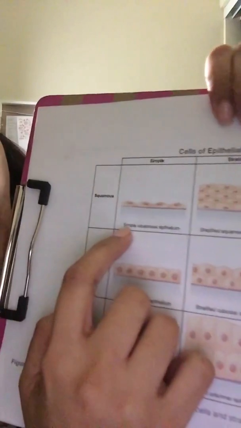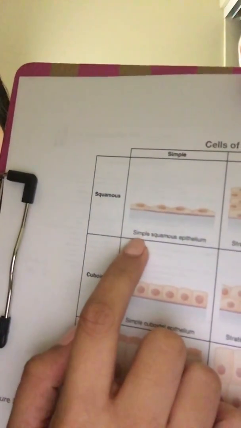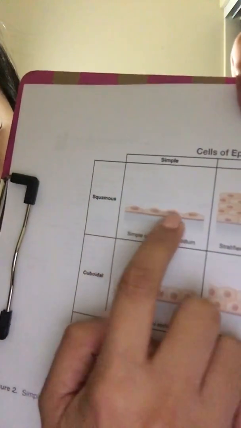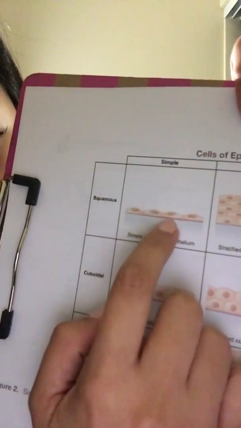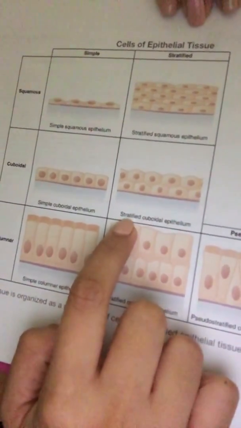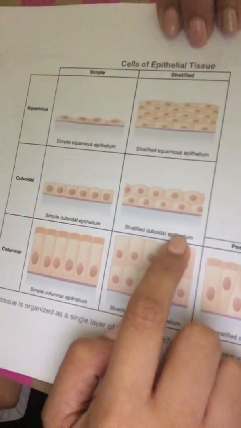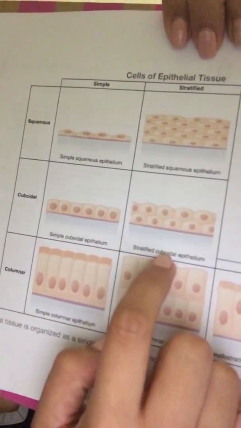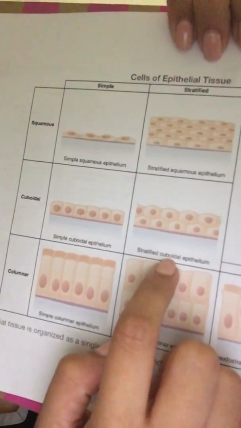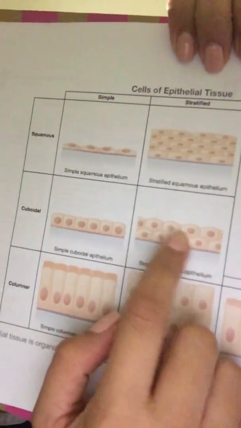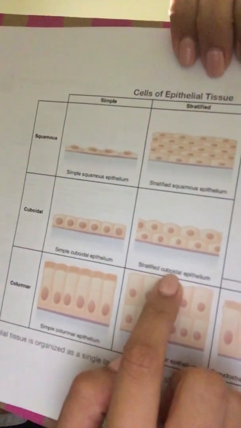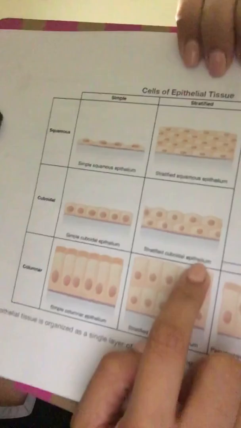So to name them, for example, this is called simple squamous epithelium because it is just one layer and the shape is squamous. And another example: it is stratified because there's more than one layer, and the shape is cuboidal, so this is stratified cuboidal epithelium.